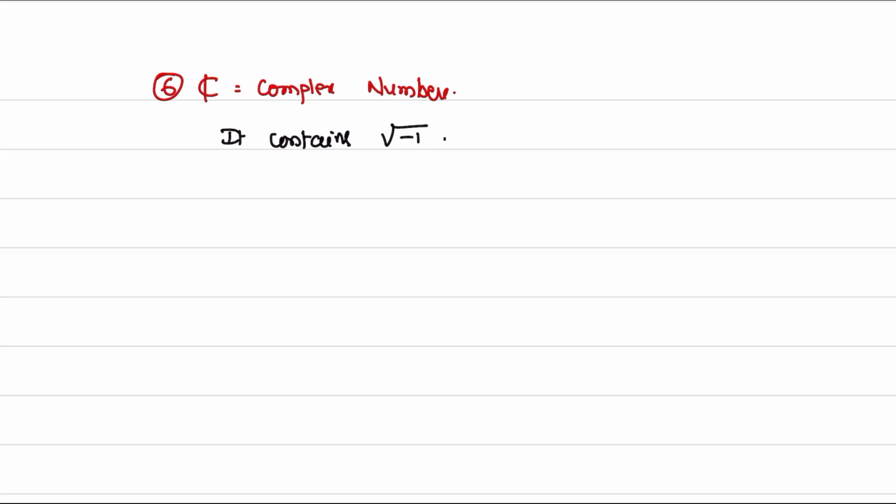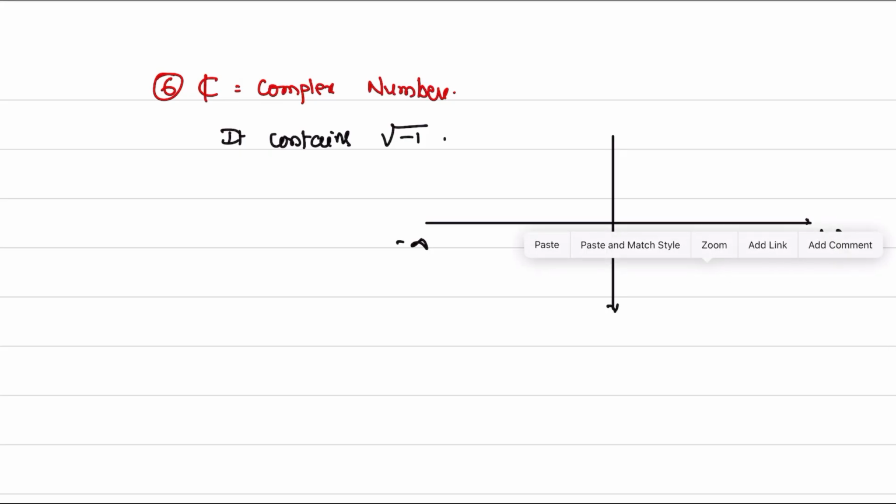It cannot be represented by a single line, because the real line is a line of real numbers. Then there should be an imaginary line to represent it. For that, what have we made? This is the real line, from plus infinity to minus infinity, and this is the complex number axis, the imaginary axis.